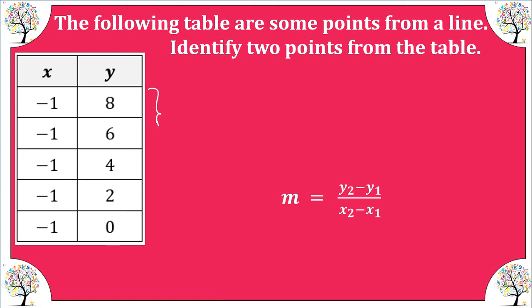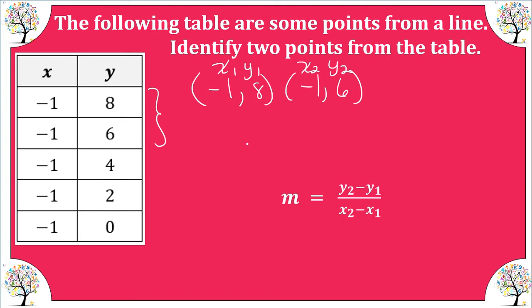Okay, let's take a look at our next example, -1, 8 and -1, 6. So what do you notice about this function table? All of our x's are the same. So this is not going to be a function. And you're going to see, 6 minus 8 over -1 minus -1.